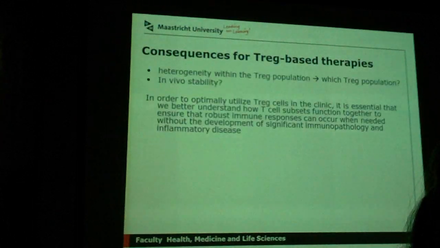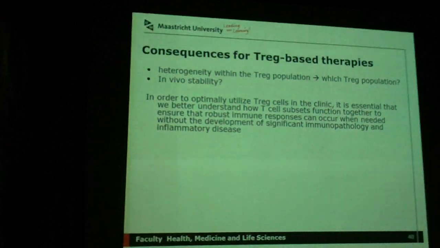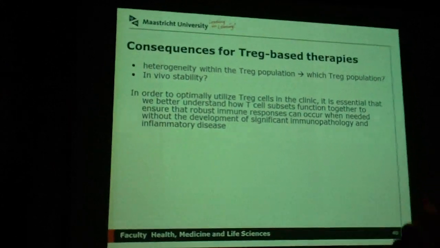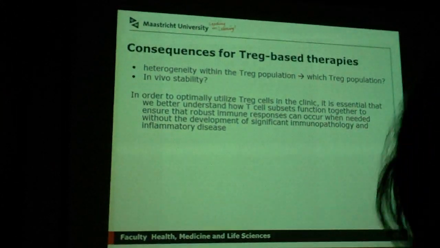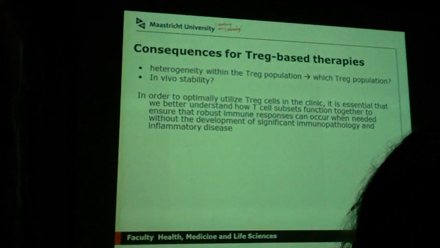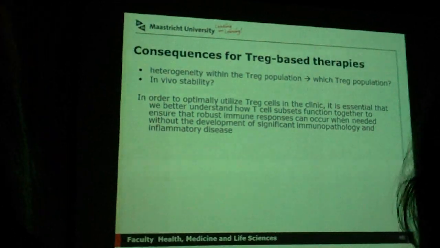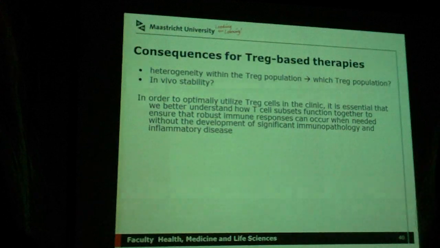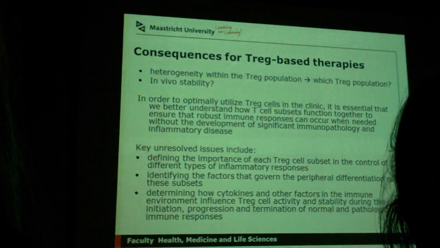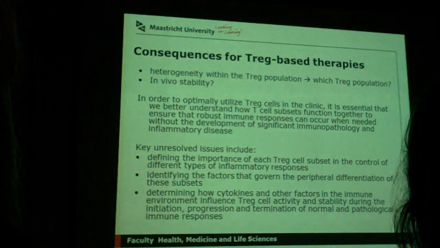This also has consequences for Treg-based therapies because we have seen before there are a lot of different Treg populations. Which one should you use? Do they have a different function, or do they have overlapping functions? And more importantly, are they stable in vivo? You don't want to treat autoimmune patients with a Treg which you induced in vitro and then this Treg will become an effector cell. Then it doesn't help the patient. So for using them in the clinic, we still need to resolve different issues.